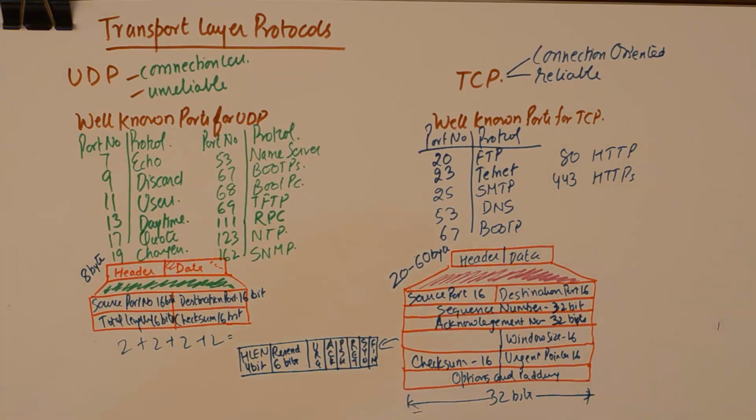So these are the few other control bits which are located here, and you could read about the functions of all these things from either a book or from other sources, but they're pretty explanatory, except for the fact that a lot of options which are used for connection orientation and maintaining reliability are provided in the header of TCP.